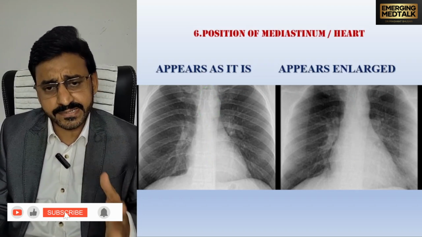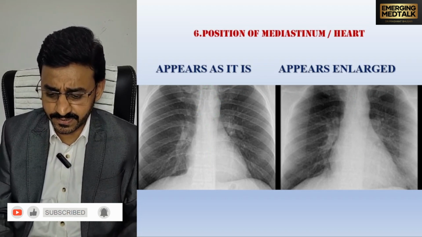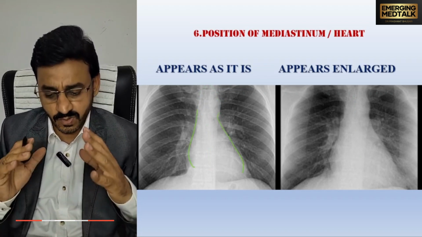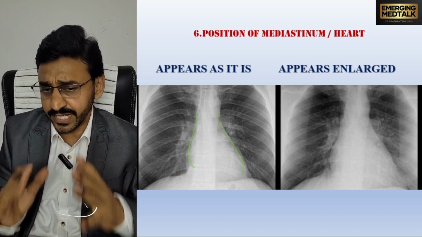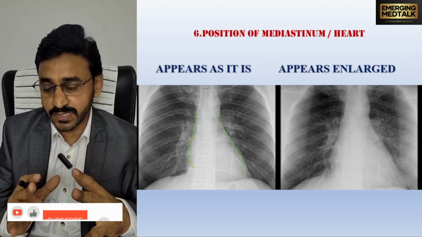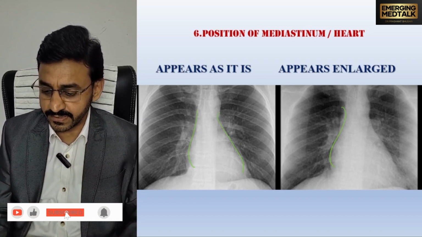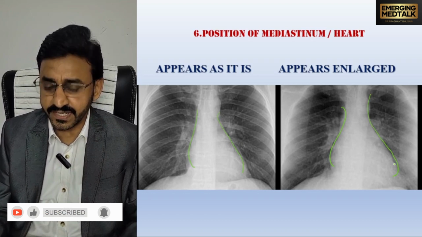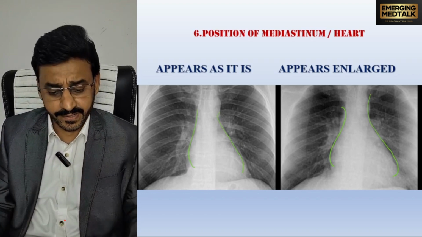Then mediastinum and heart: on the PA view, it normally appears as it is. We can measure and decide cardiomegaly also, but in the AP view, the heart appears enlarged or magnified.